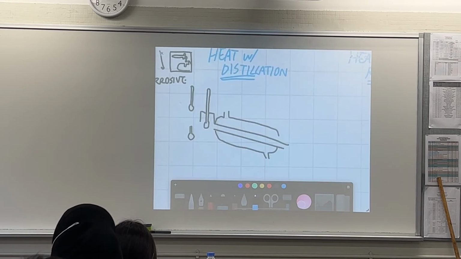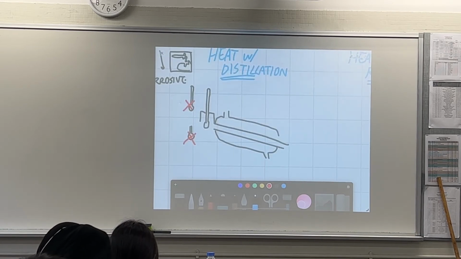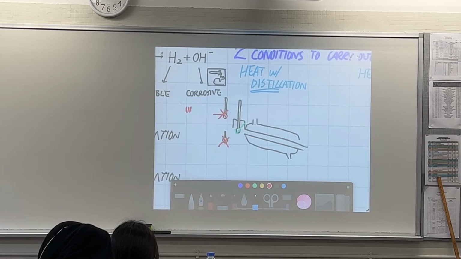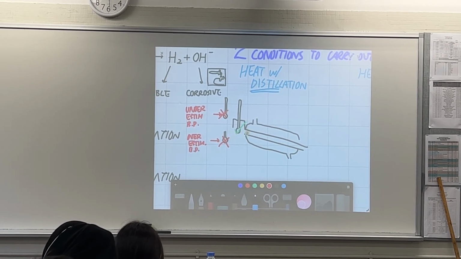This is wrong, this is wrong, this is right. This would underestimate the boiling point of the substance, this would overestimate it, and this will give you the actual boiling point of the substance.